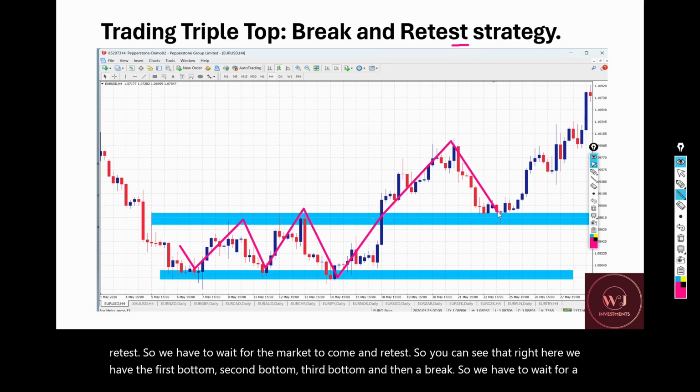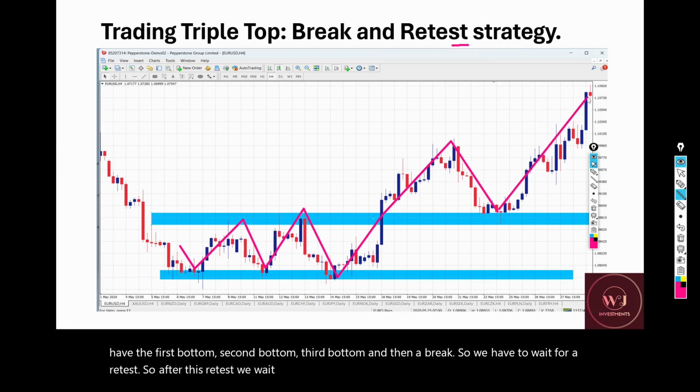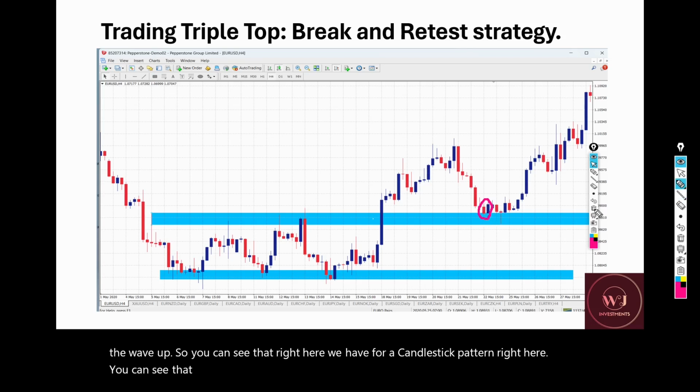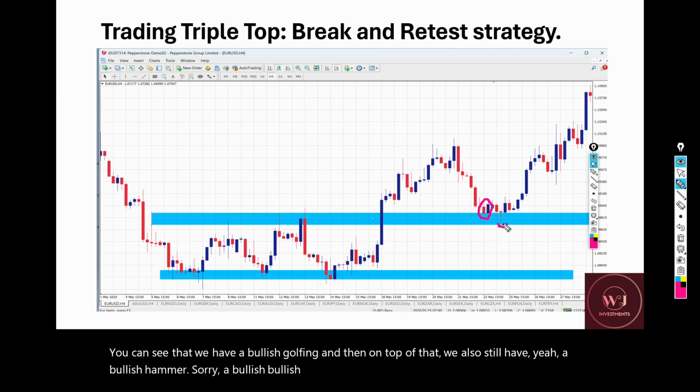After this retest, we wait for a candlestick pattern, and then we could catch the wave up. You can see that right here we have a bullish engulfing. And on top of that, we also have a bullish pin bar. On this bullish pin bar, you could also make a trade.